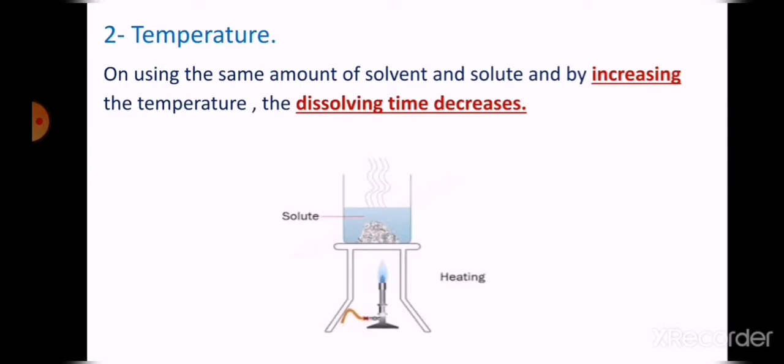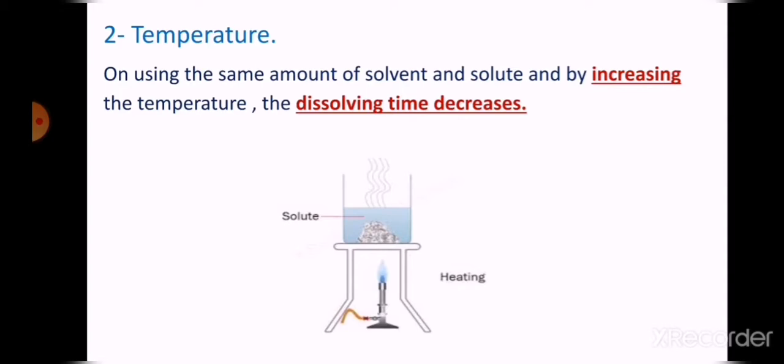Number 2, the temperature. If I have 2 equal amounts of sugar in 2 beakers containing the same amount of water, but one of them is heated and another one uses cold water.